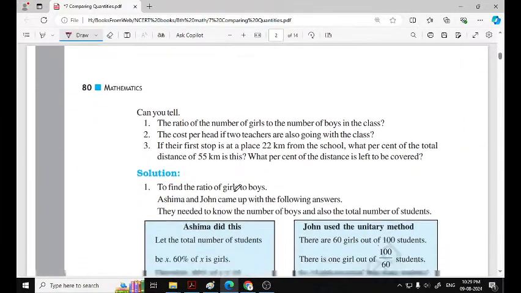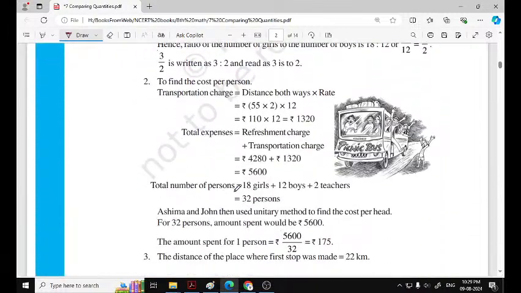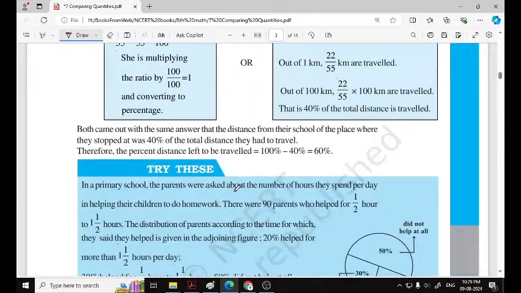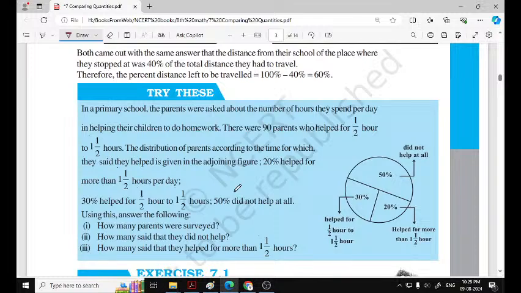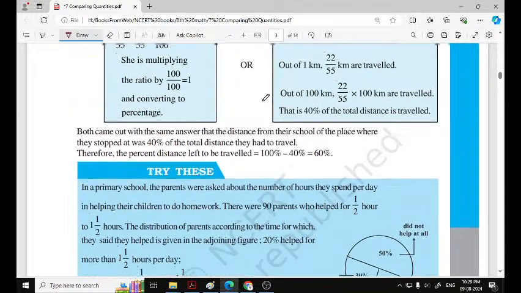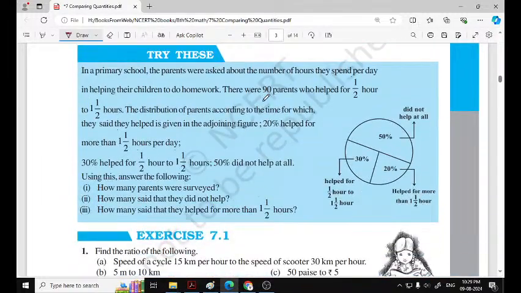This is one solved example. Go through that example. In a primary school, the parents were asked about the number of hours they spent per day helping their children to do homework. There were 90 parents who helped for half an hour to 1.5 hours.